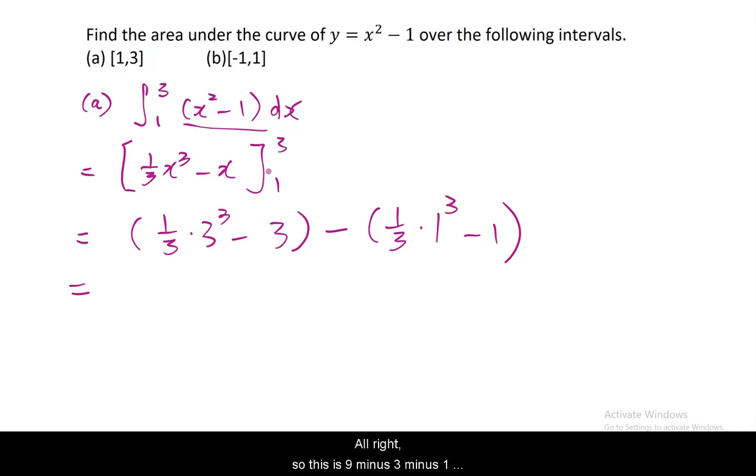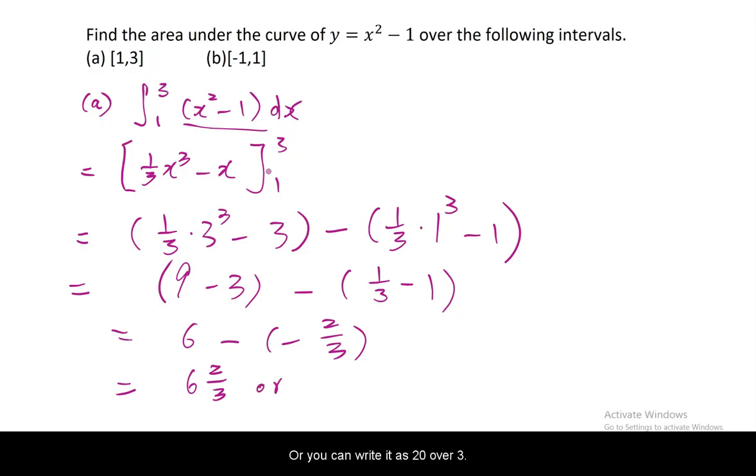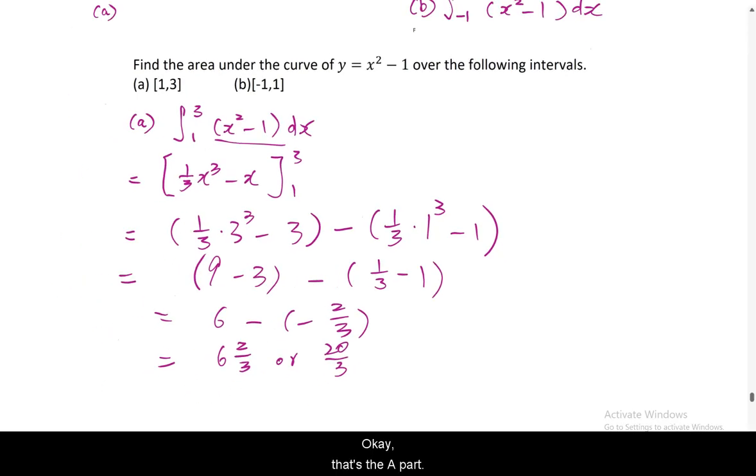So this is 9 minus 3 minus 1/3 minus 1, which is 6 minus negative 2/3, which is positive 6 2/3, or you can write it as 20/3. Okay, that's the a part.